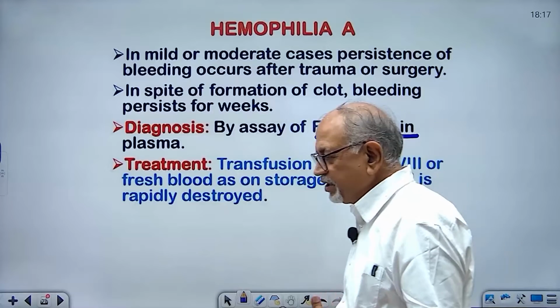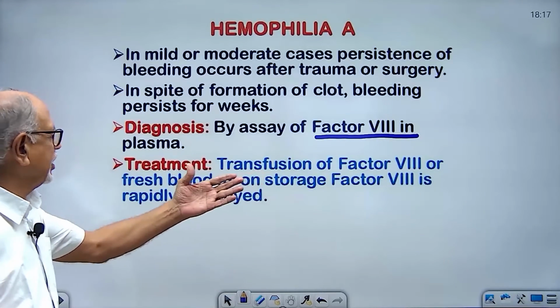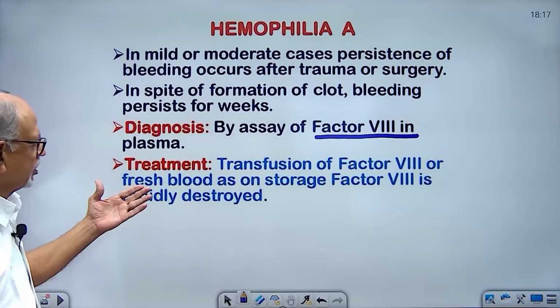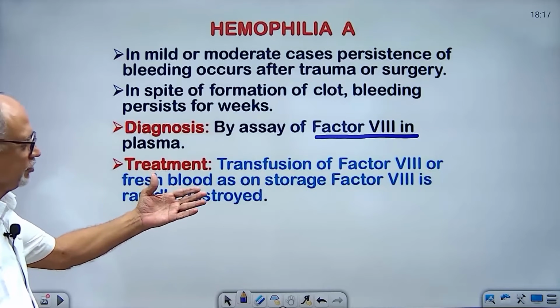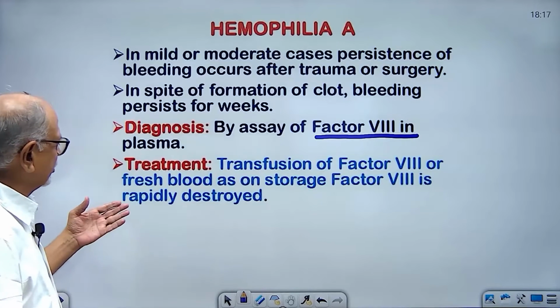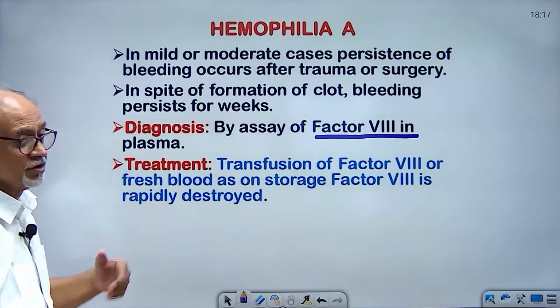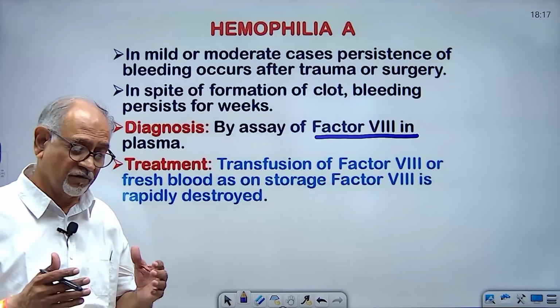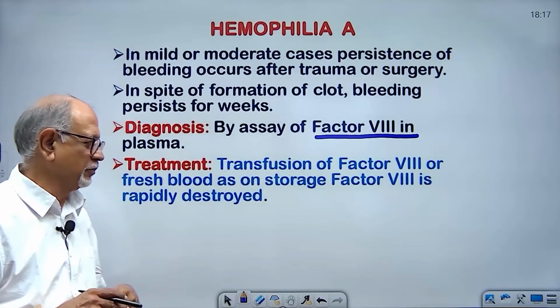For treatment, factor 8 is transfused or fresh blood is given, because factor 8 in stored blood is rapidly destroyed. So, if blood has to be transfused, then it should be a fresh one.